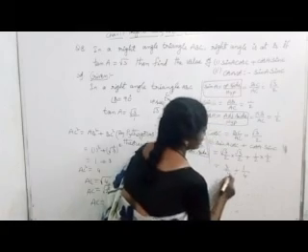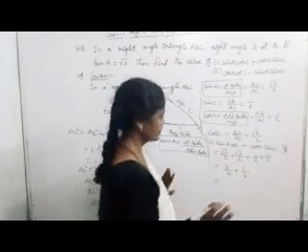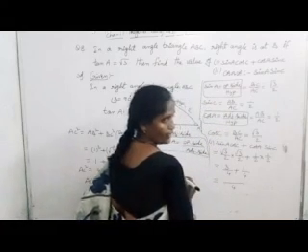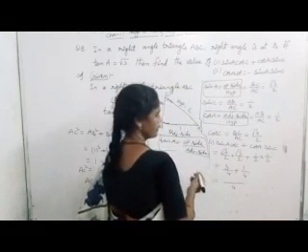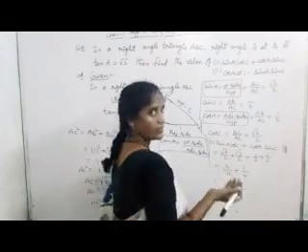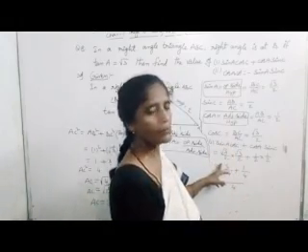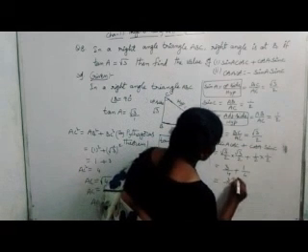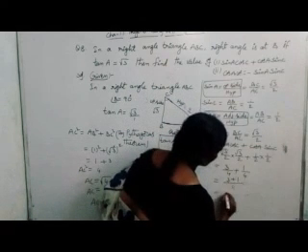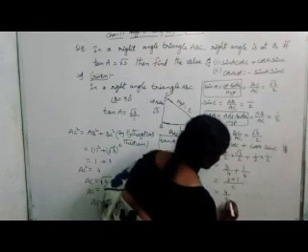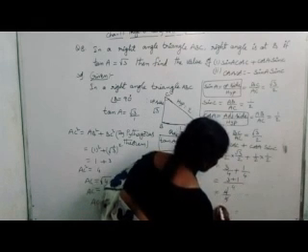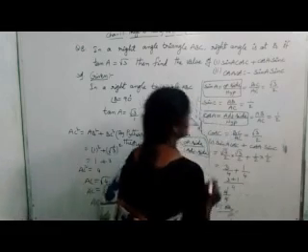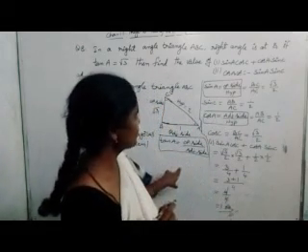Now denominators are equal, so we can write 4 as denominator and add numerators directly: 3 plus 1 is equal to 4 by 4, that is equal to 1. This is the answer for this. Okay, this is part 1.